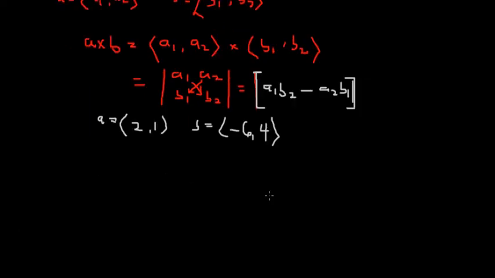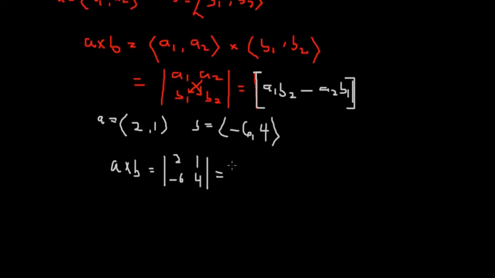Let's find the cross product of A and B. We put it in determinant form: 2, 1, and then -6, 4.